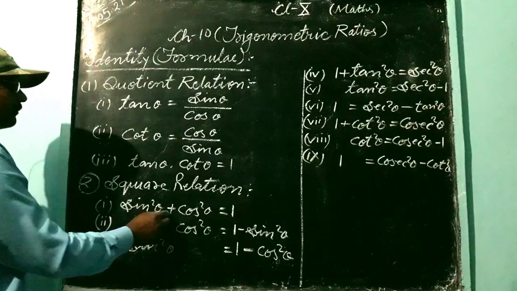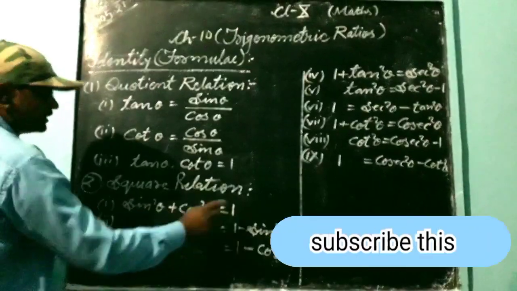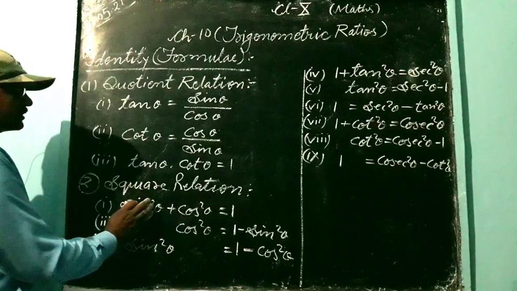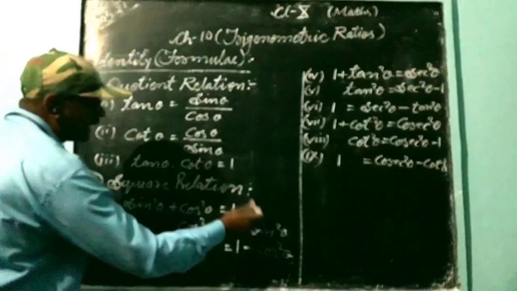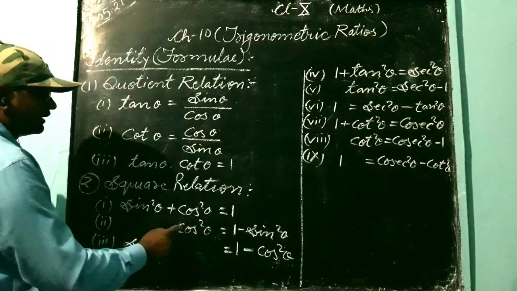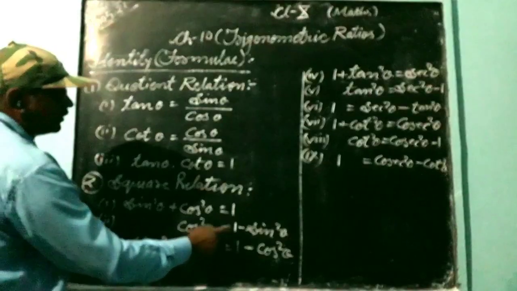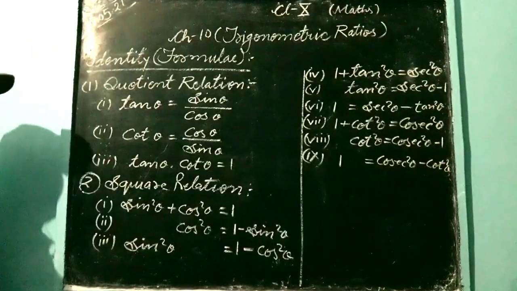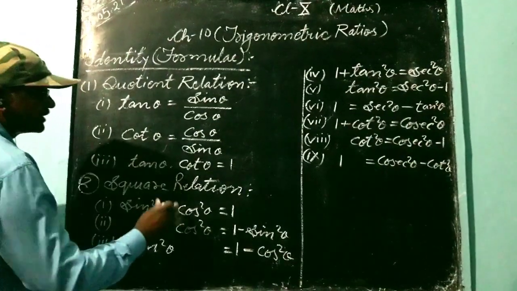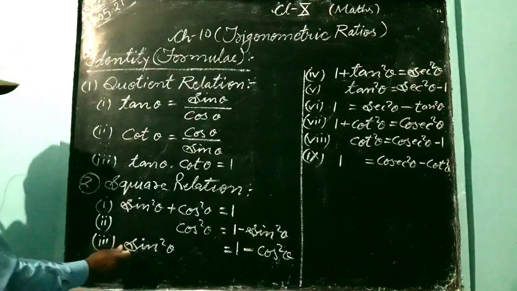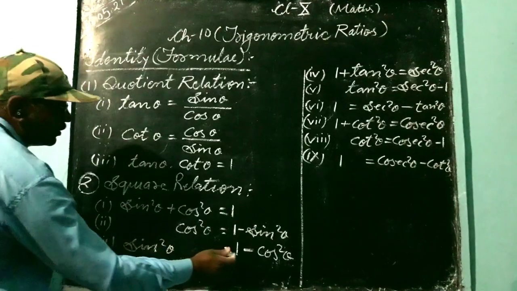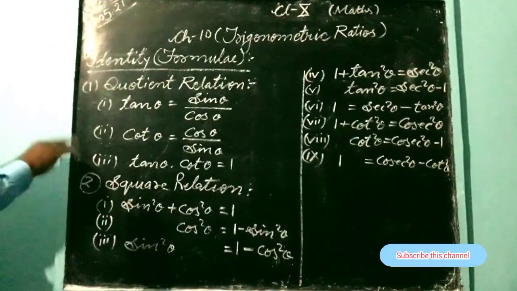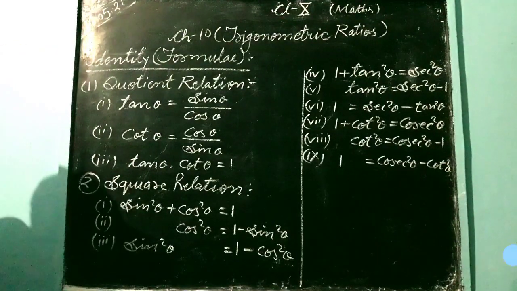Sin square theta plus cos square theta is equal to 1. Transposing sin square theta to the right side, cos square theta is equal to 1 minus sin square theta. And transposing cos square theta, sin square theta is equal to 1 minus cos square theta. So these are all the identities.